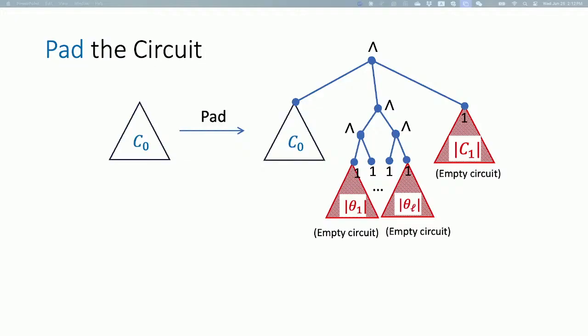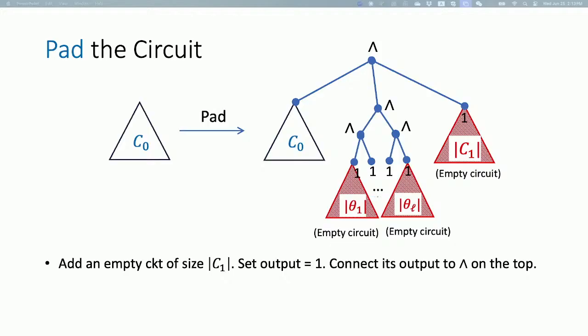Given any circuit C0, we first pad it to a larger circuit that computes the same function. In the larger circuit, the first part we add is some space reserved for circuit C1. But when you pad the circuit, you don't know the circuit C1, so this is initialized as an empty circuit, but the place is reserved for C1.